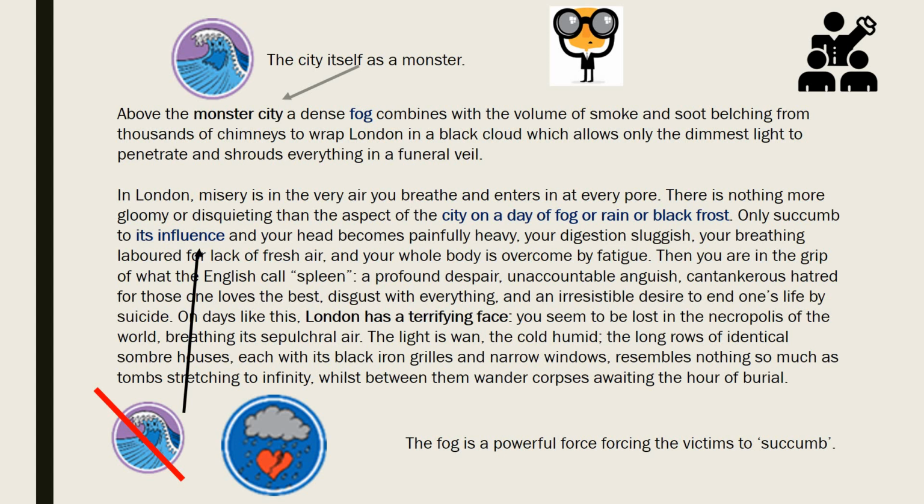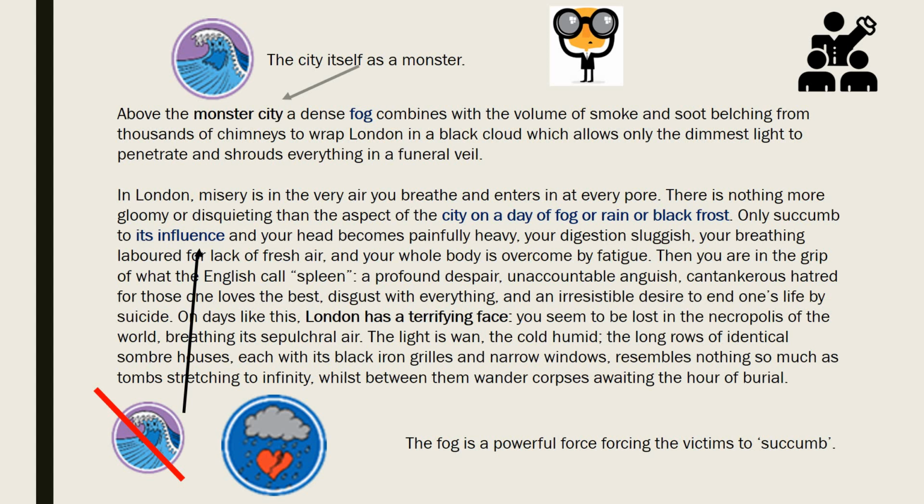And the writer is talking about the fog as having this powerful force, making the inhabitants succumb. It's almost like they are a victim. It's got so much power, it's influencing their head, it's physically affecting them because their head becomes painfully heavy and your digestion sluggish and your breathing is laboured for lack of fresh air and your whole body is overcome by fatigue.